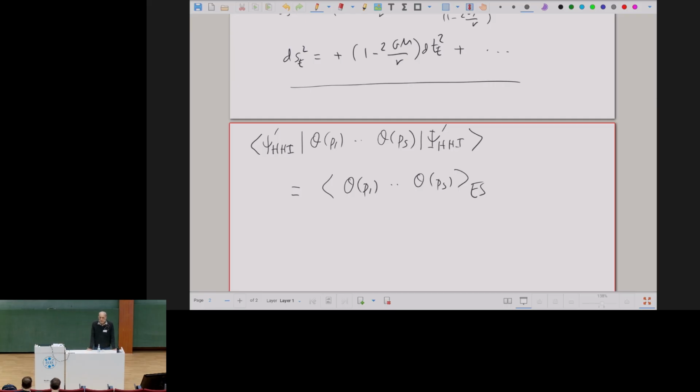So the right-hand side is simply the path integral in the Euclidean Schwarzschild solution with insertions of whatever operators you want to insert. So if you want a normalized Hartle-Hawking Israel state, it's just this unnormalized one divided by a normalization factor. And the normalization factor is the Euclidean Schwarzschild path integral with no operator insertions.